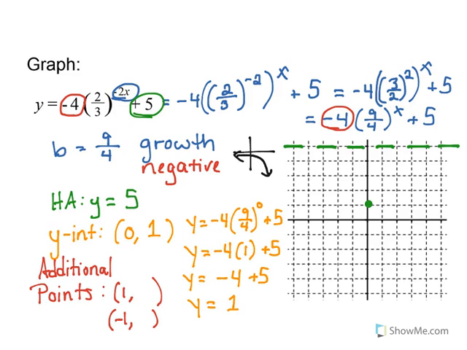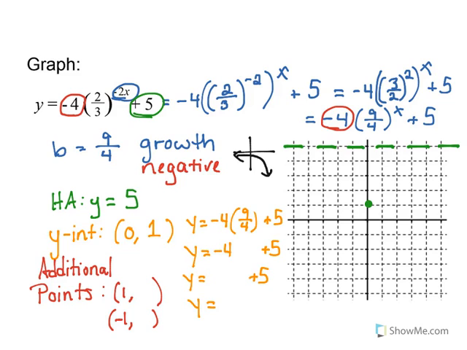But these are not necessarily going to be the prettiest of points. When I plug in x equals 1, I'm working from my rewritten function, so hold on one moment while I clear out my other things. There we go. These are all the numbers that will change on us.